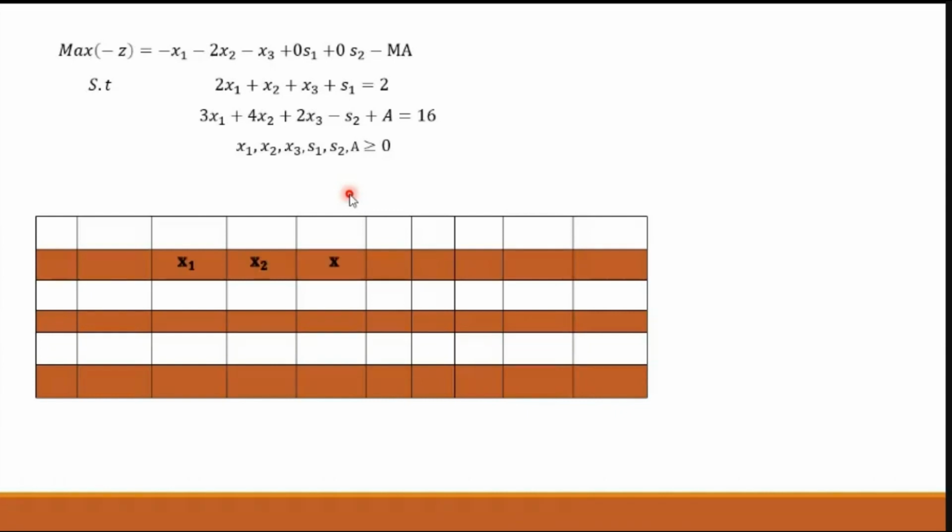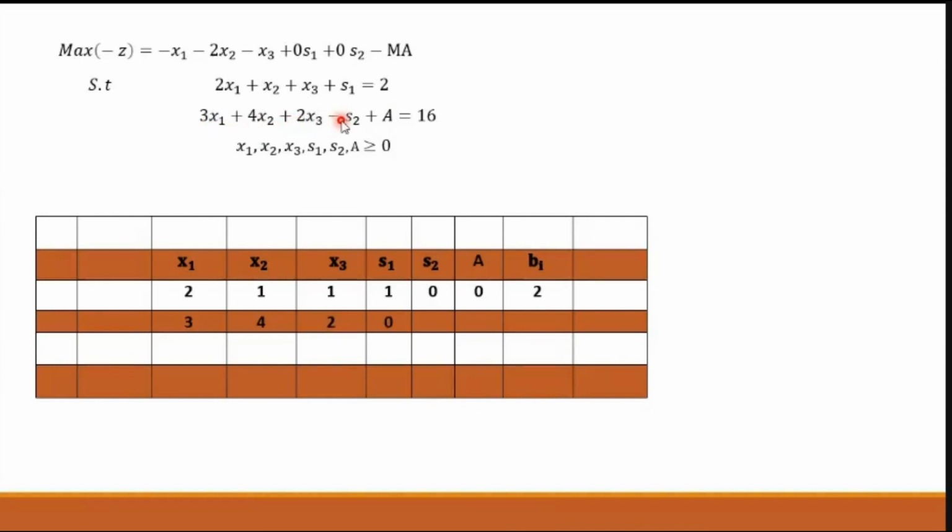Again, we'll write all the variables first. Writing all the variables, 3 variables x1, x2, x3 given in the problem. We have added S1, S2 and A. So writing those 3 also, and the right hand side is denoted by bi. फिर first constraint लेना है, so 2, 1, 1, 1, 0, 0 and 2. फिर यहाँ पे 3, 4, 2, 0.